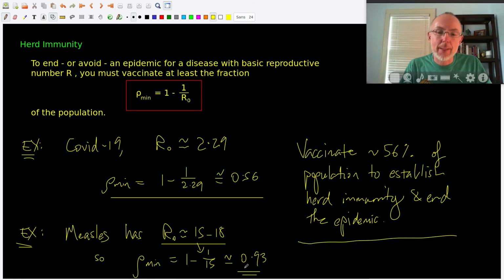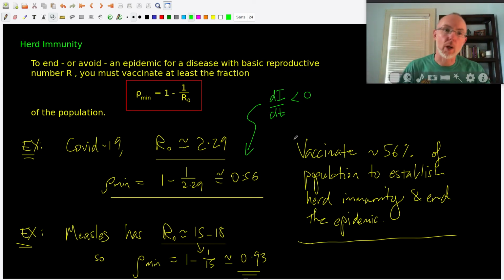For diseases like measles, it's so hard to establish herd immunity because it takes such a large fraction of the population to be immunized against the disease to protect everybody. If R naught is relatively lower, then herd immunity will kick in at a lower level of vaccination, which, by herd immunity here, I'm saying the disease will then decrease in number of infectious cases for all time after that.